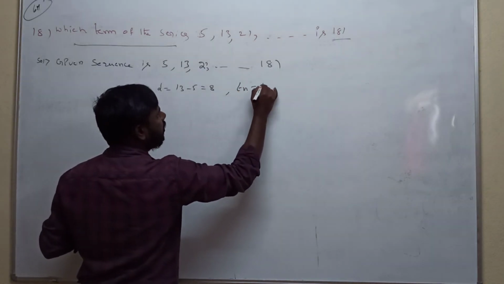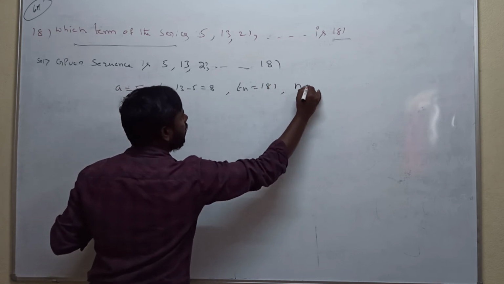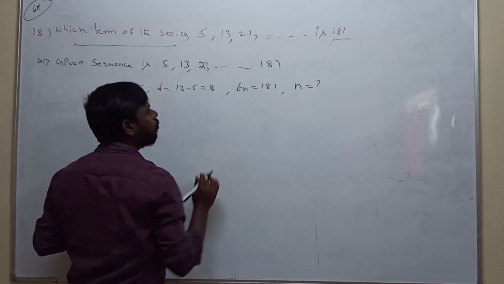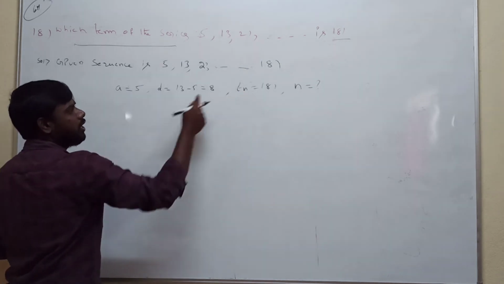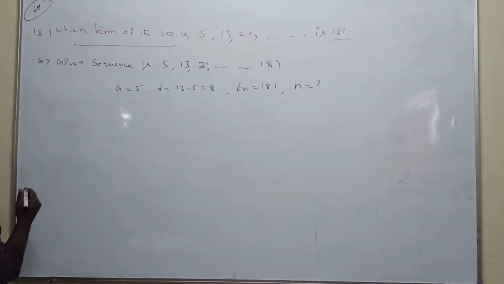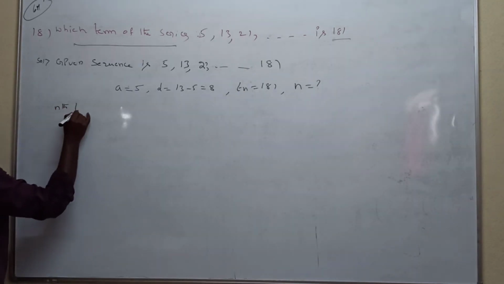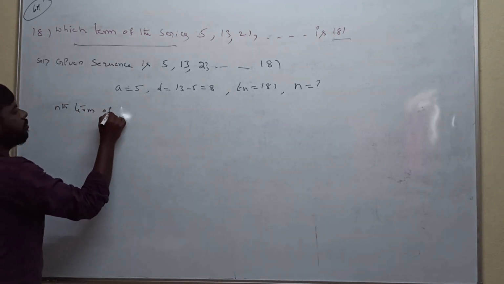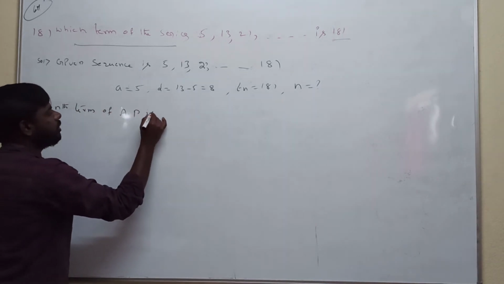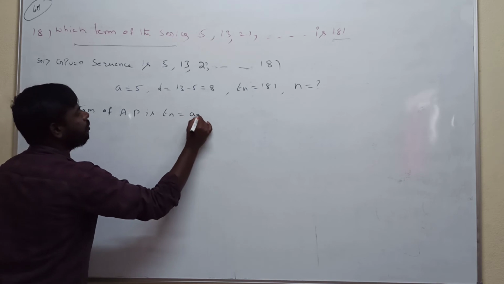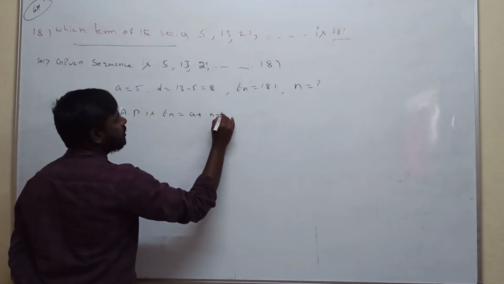The nth term given is 181. To calculate which term it is, we have to calculate the n value. Now applying the nth term of arithmetic progression formula: Tn is equal to a plus n minus 1 into d.